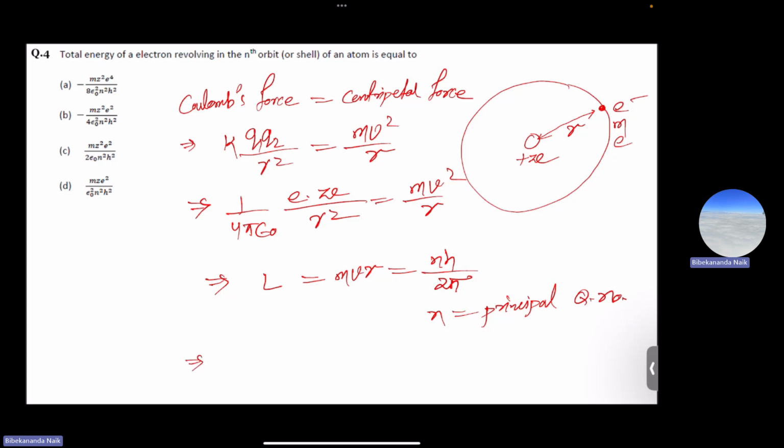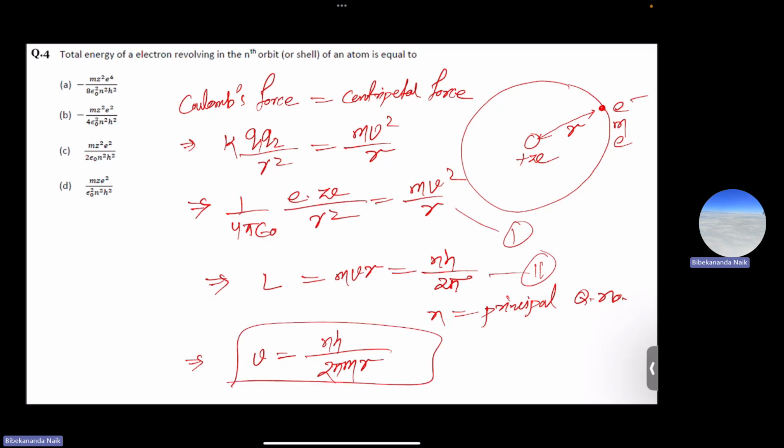So if we compare these two equations, equation 1 and equation 2, then we can see the value of v. The value of v here will be nh divided by 2 pi mr.